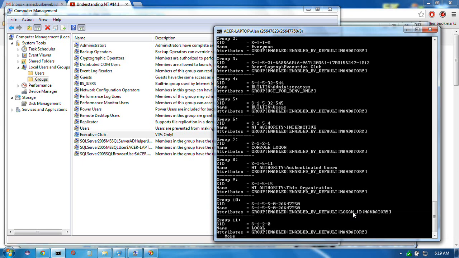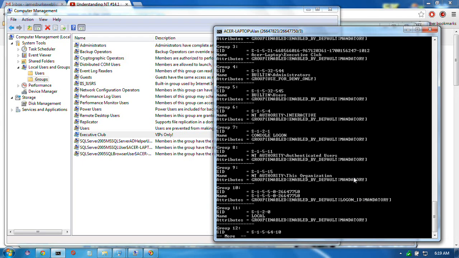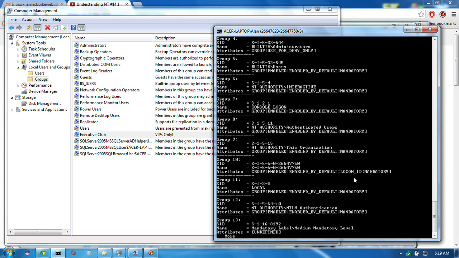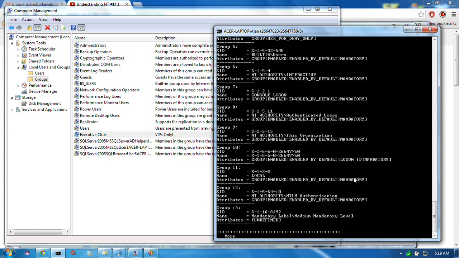Okay, now there's this logon ID. Local authentication, and I'm still not sure what this is. One thing: if you're familiar with your powers of two, you'll note that that is a power of 2.